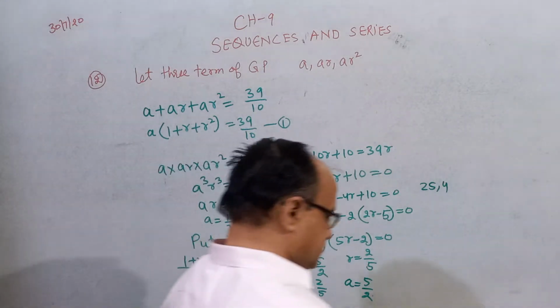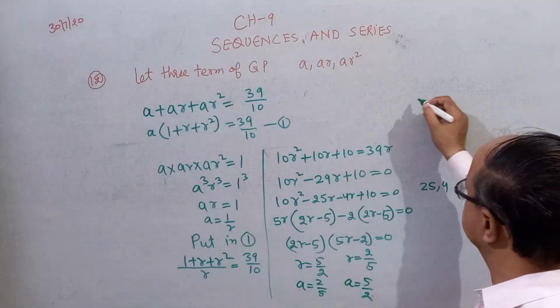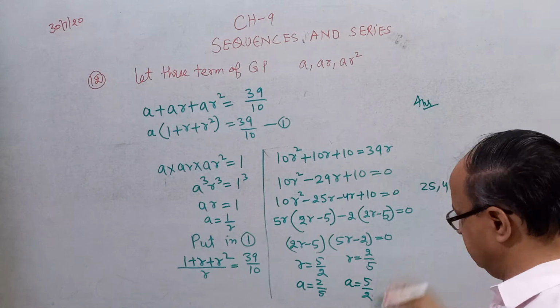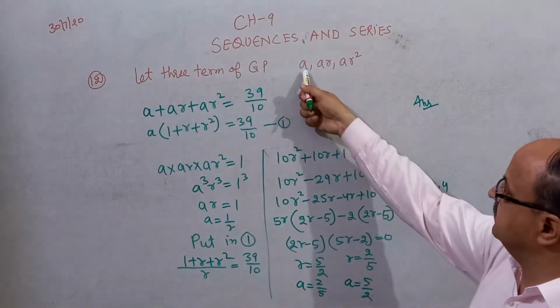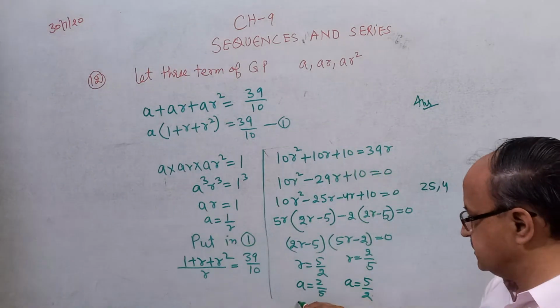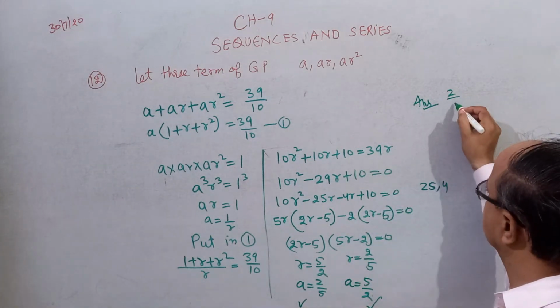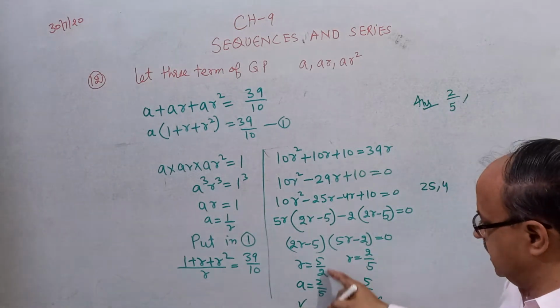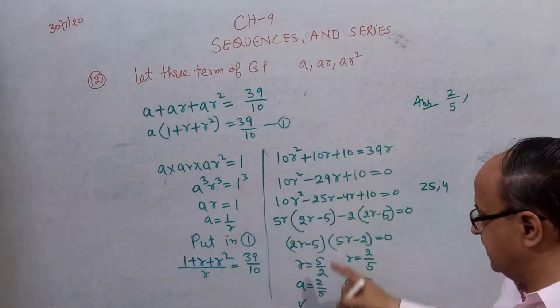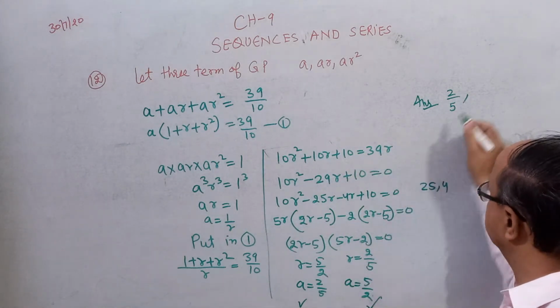Now you can tell me the answer of this question. What is the value of A from this? There are two answers. A, you know, is 2 by 5. AR means multiply. When you multiply, the result is 1.